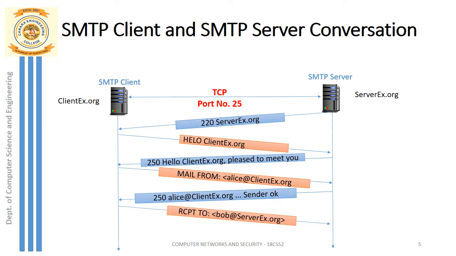Now the SMTP client will give the recipient address, that is Bob at serverx.org, and the server will send the acknowledgement message. Till here, the SMTP client and server exchanged commands used for the handshaking procedure and for sending the from address and to address.